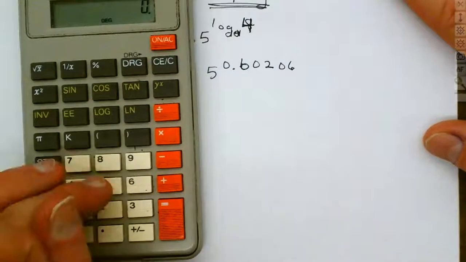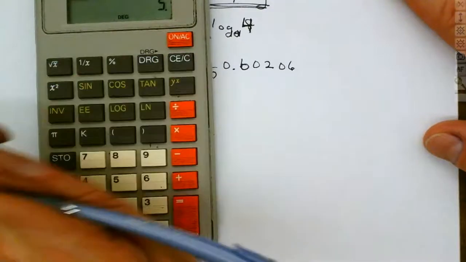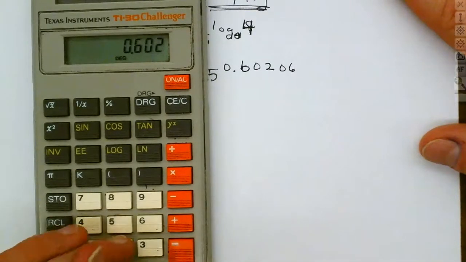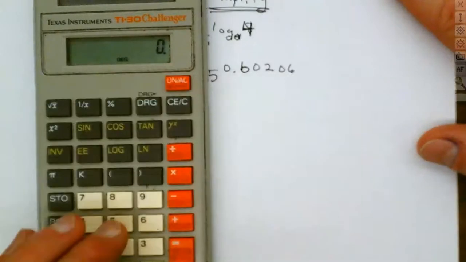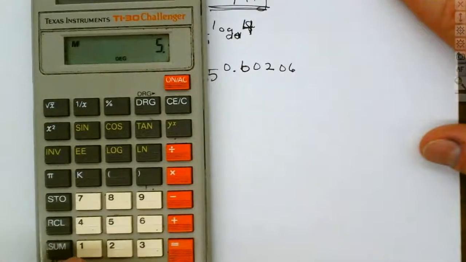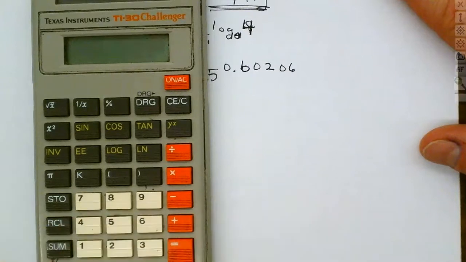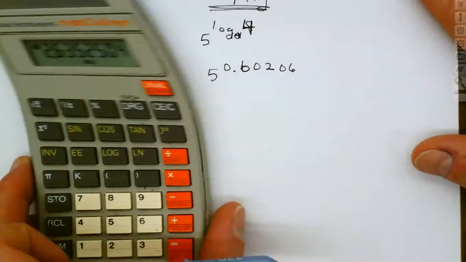And then clear that out. I can take 5 and then your caret or your y^x key. And then 0.60206. And that gives you the exact same answer.